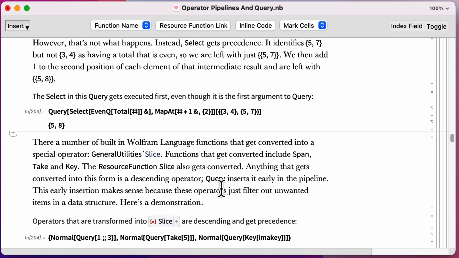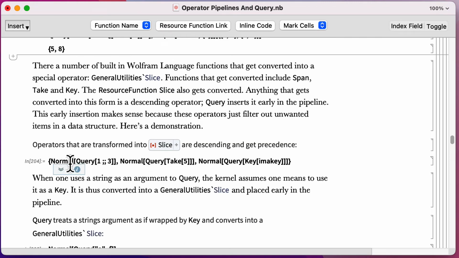Okay, so there are a number of Wolfram language functions that are like select in that they go ahead. And all of them ultimately become something called general utilities slice. I don't think you need to know about that, but if you see functions like span, which kind of takes a range, or take, or key, or the resource function slice, those get put in ahead of time.